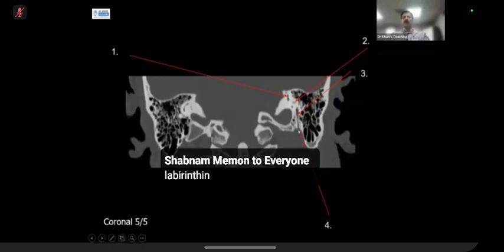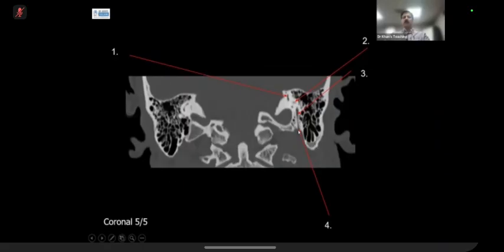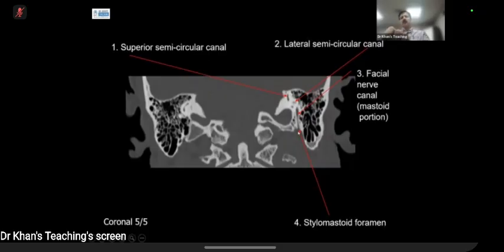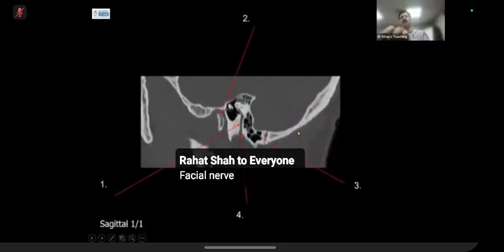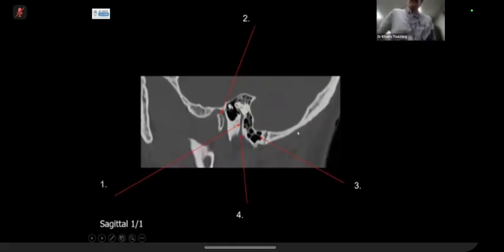And then this thing here, number 4. Yeah, very good. Excellent. A sagittal sequence. So what is number 1?